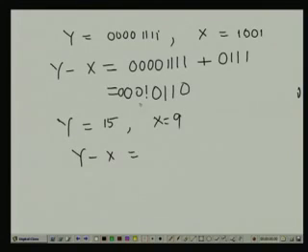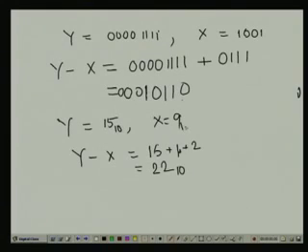Y minus x we have got that this is 0 1 2 4 8, that means 16 plus 4 plus 2. So, 22, this is a decimal.